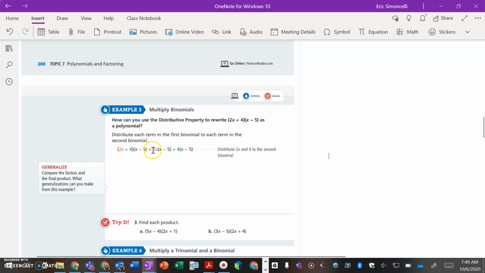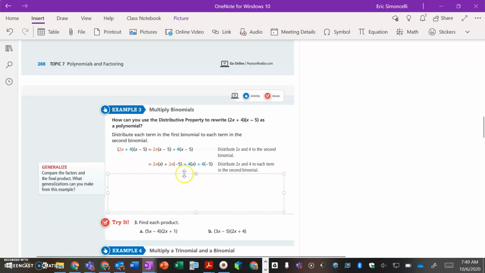So separately you see here 2x times the quantity x minus 5. And then we also see in blue 4, times x minus 5 again. So we're distributing the red and the blue terms to the second binomial.